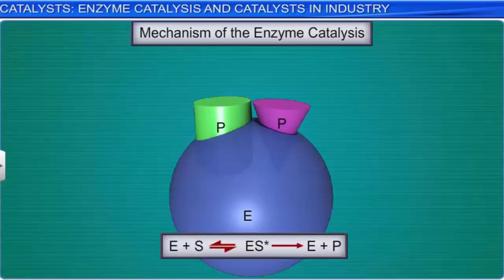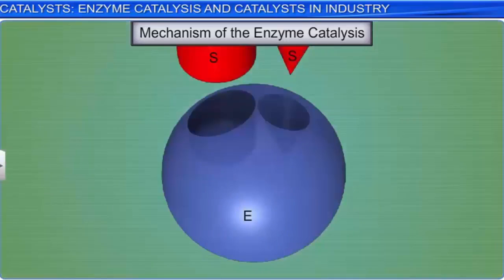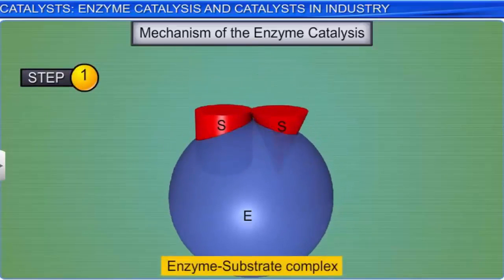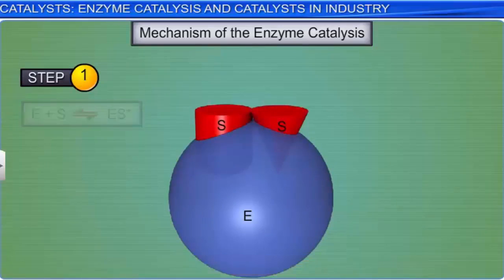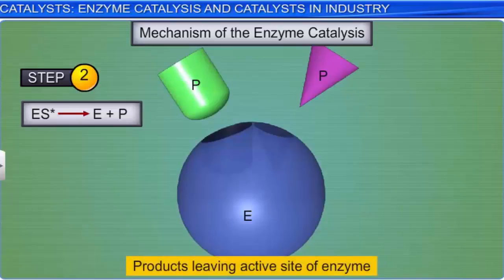Further, as the product molecules do not have any affinity for the enzyme surface, they leave the enzyme surface immediately. Thus, an enzyme-catalyzed reaction can be illustrated in two steps. The first step involves the formation of the activated enzyme-substrate complex. The second step is the decomposition of this activated enzyme-substrate complex to form the products.